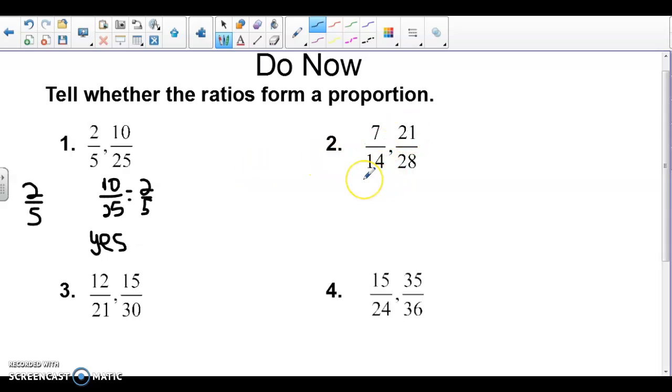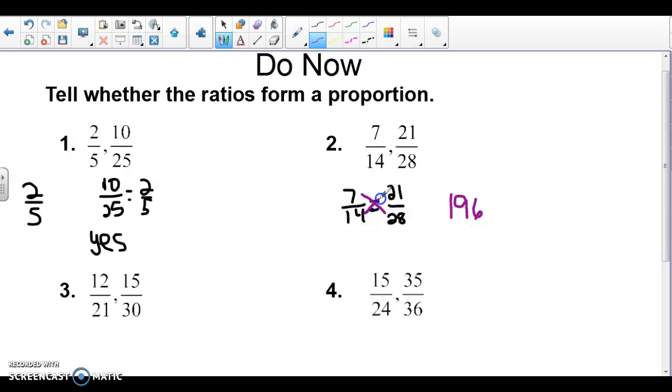So that's one way of knowing that these two things are proportional. Another thing you can do is cross multiply. Sometimes, especially with these, the numbers might get quite large. So if I have 7/14, I have to find out, does it equal 21/28? What I would do is cross multiply. So I would do 7 times 28, which gives me 196.